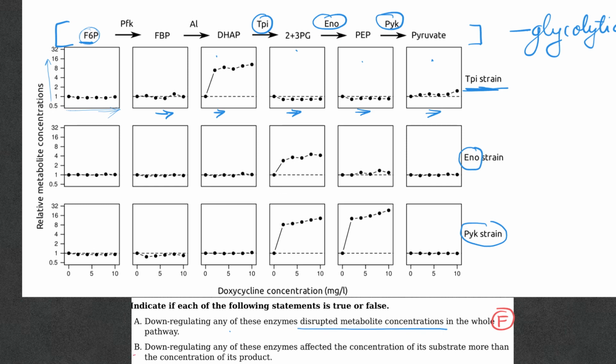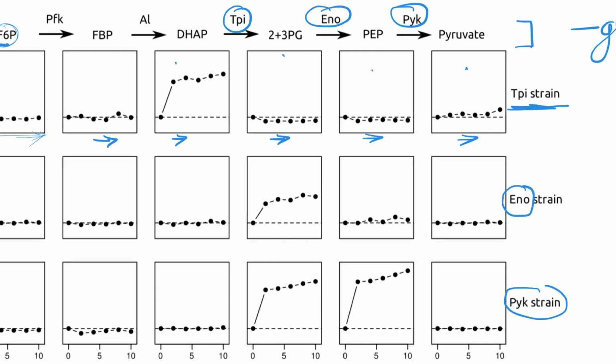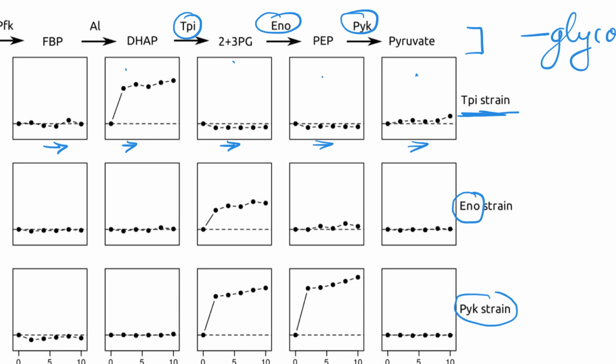Second, down-regulating any of these enzymes affected the concentration of its substrate more than the concentration of the product. So once again, they are talking about all. So let's examine them one by one. So TPI, if I change TPI, DHAP concentration is affected more than the 2+3 PG concentration. So it's true for this. Okay, yes, the reactant is affected more.